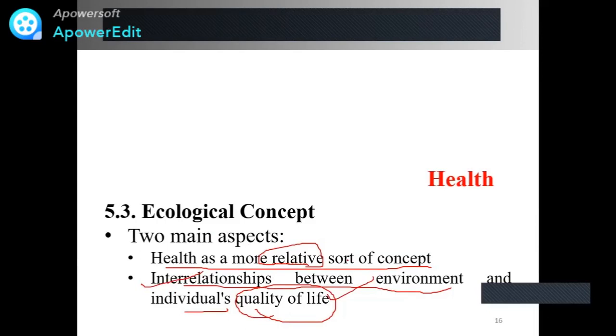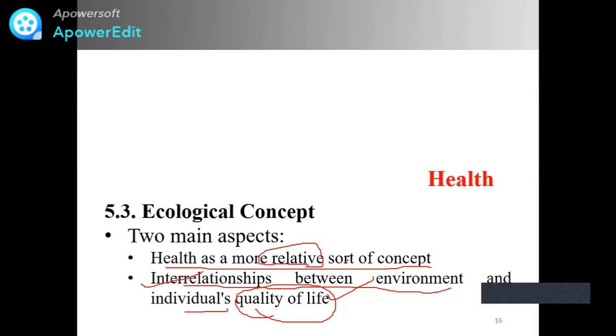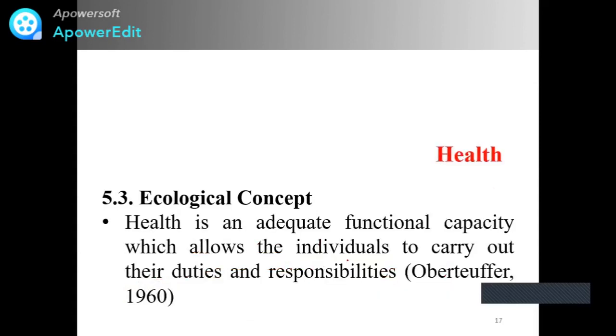This perspective was heavily based on an evolution of the person's level of functioning and an adaptation to the environment: how humans evolved, and second, how people adapt to the environment. The environment is highly concerned under the ecological concept.